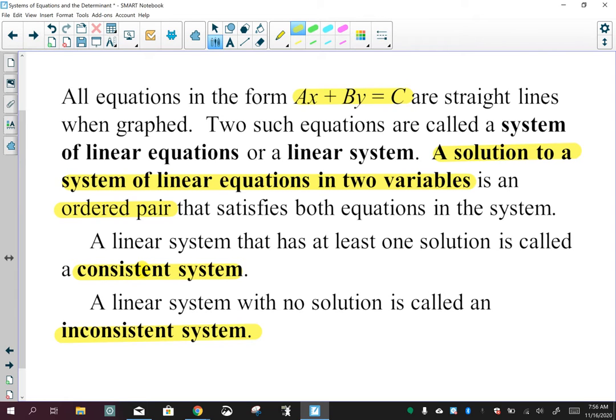That ordered pair is specific because it satisfies both equations in that system. So when we're looking for the solution, what we're basically looking at is where do they cross, and that's a specific ordered pair.